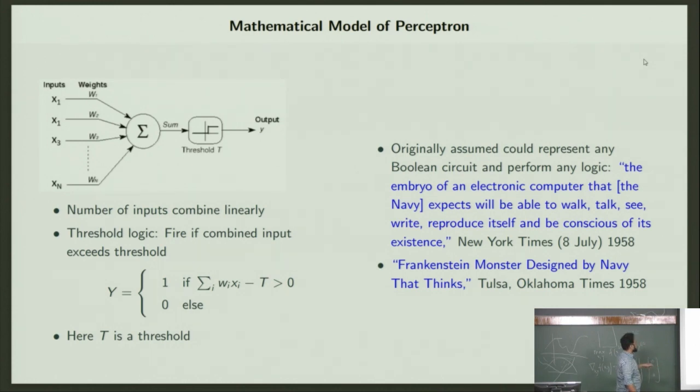Then there is a concept of a threshold, and this threshold is something you may set by writing it explicitly. You say that if the linear combination is greater than t, if you put the t on the right, then I will predict that it's 1. If it's less, then I will predict that it's 0.